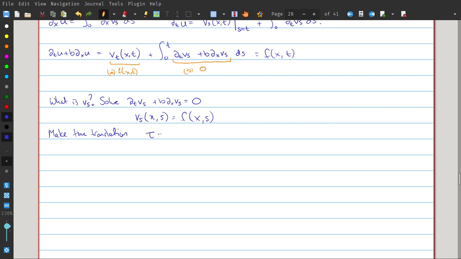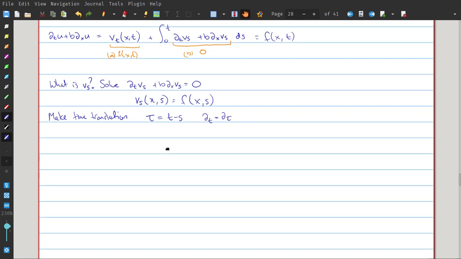We look at tau, which is t minus s. So when the time t is equal to s, our new parameter tau will be equal to 0, and that's what we want. We also see that the t derivative is equal to the tau derivative.